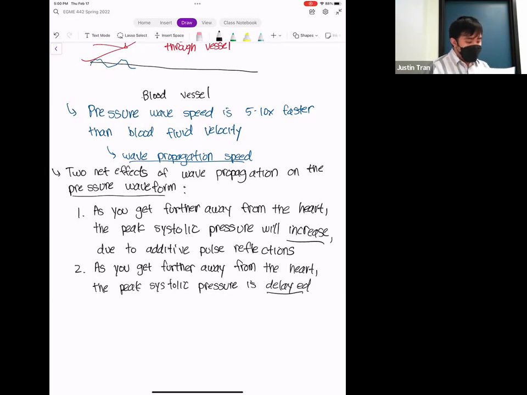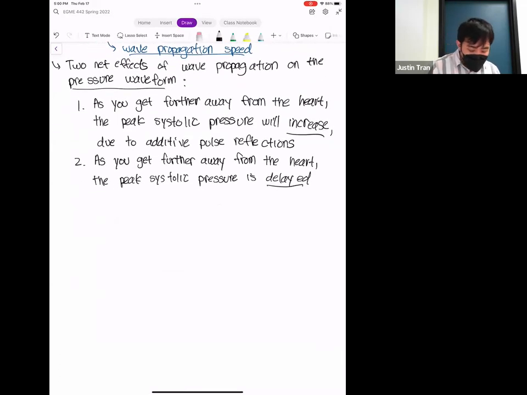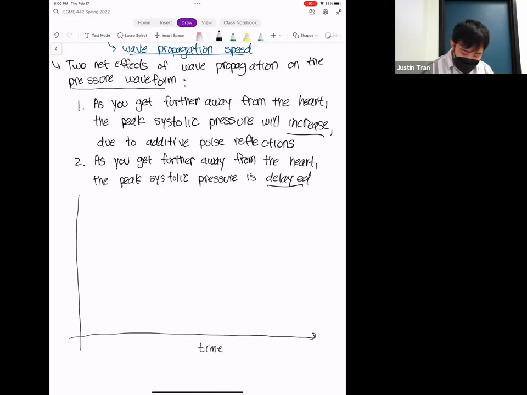Okay. All right. So what do these look like in practice? If I draw two waveforms here, actually let me draw one. Okay, so here we have time. On the y-axis we have pressure. Okay. First, let me draw a waveform near the heart.